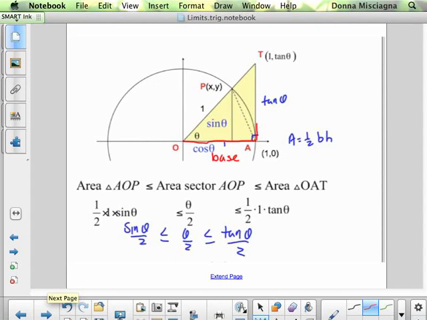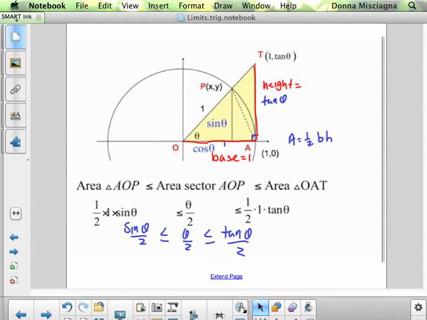And then here's the height of the triangle. So base is 1, and height is tangent theta. So the area of triangle OAT is 1/2 times 1 times tangent theta, which is tangent theta divided by 2.